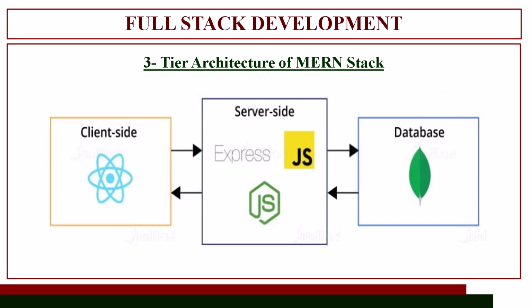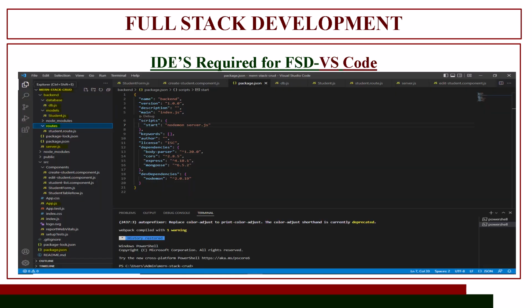Hope it is clear. The next thing is what are all the IDEs or what are all the tools we need to install first, right? So first thing is we have to install VS Code, Visual Studio Code. So what is VS Code? It is an IDE for full stack development. What is IDE? That is integrated development environment. What is the need for this IDE? Let's say you are going to develop a full-fledged application.